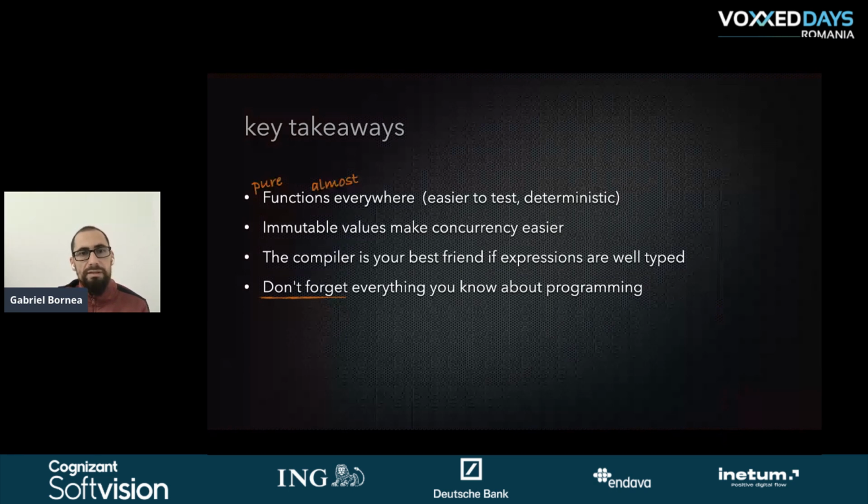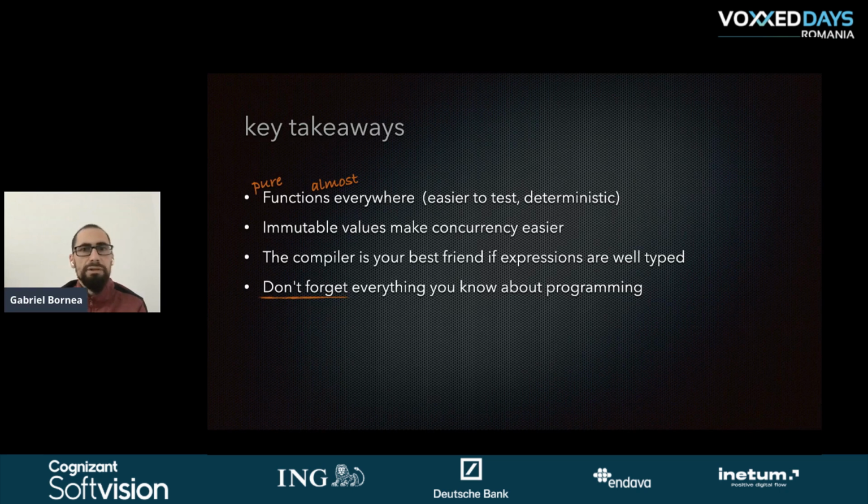Immutable values make concurrency easier, which is very cool because, yeah, concurrency is a difficult topic, and the more help we get on that, the better. The compiler is your best friend if your exceptions are well typed. So try to create types, try to use smart constructors, and your domain will be much safer. And also don't forget everything you know about programming.